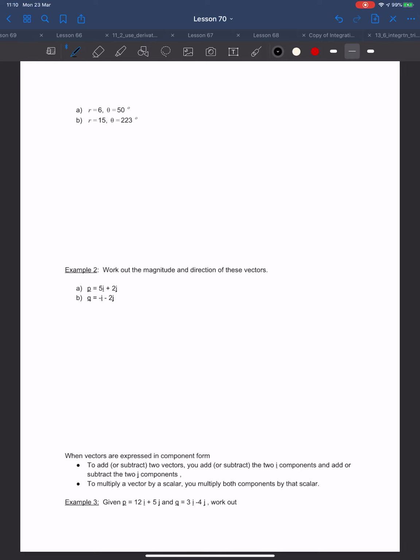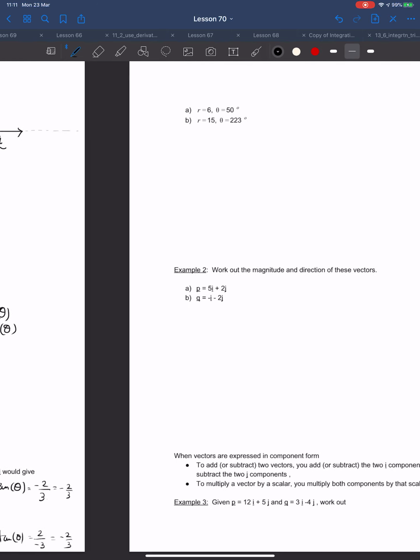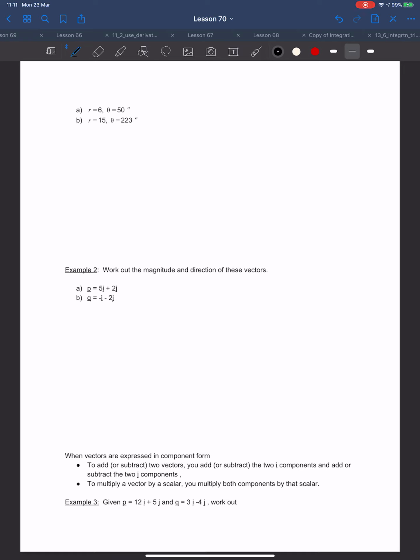Right, so this example says express these vectors in component form. So we've got 6 at 50 degrees, which is going to be a bit like that. So that's the origin. That's 6, that's 50 degrees.